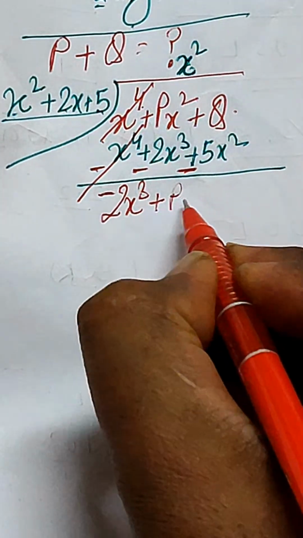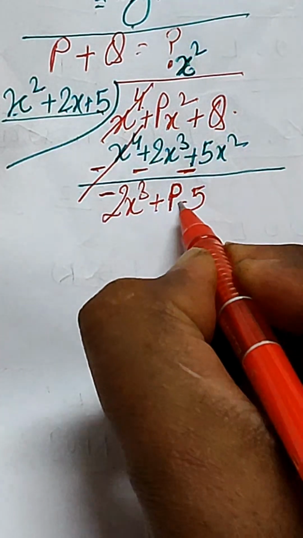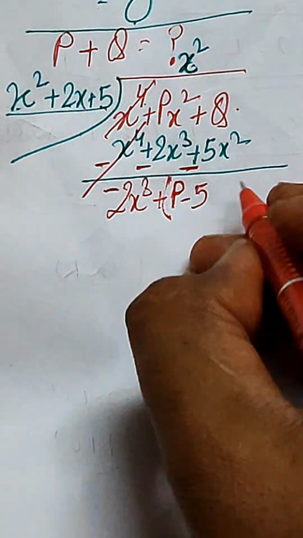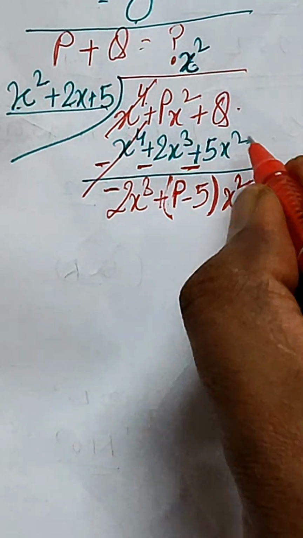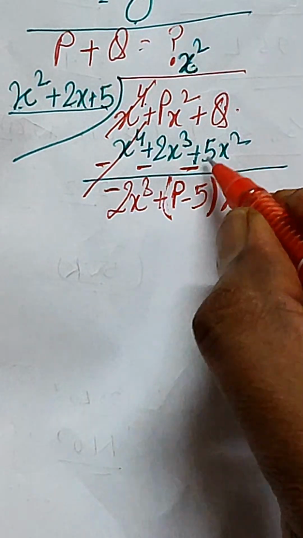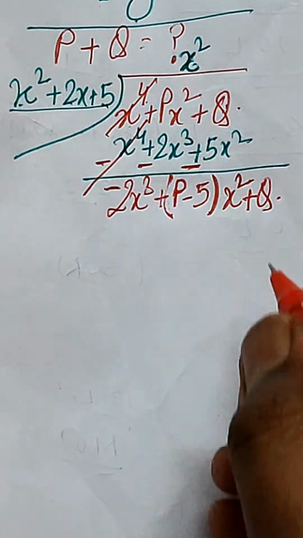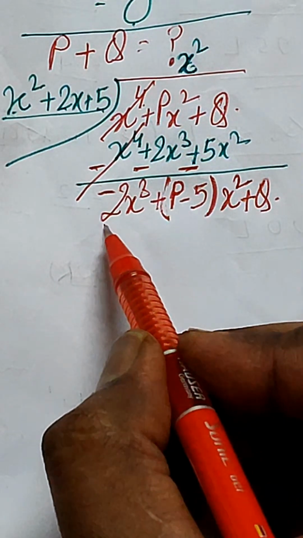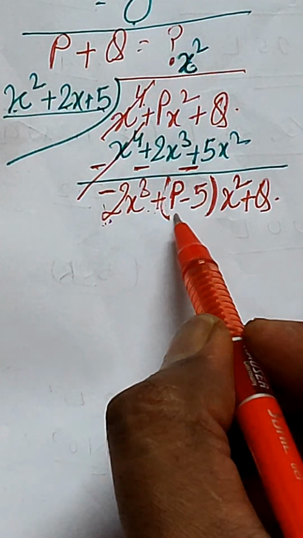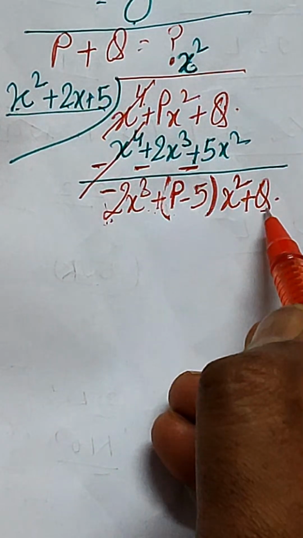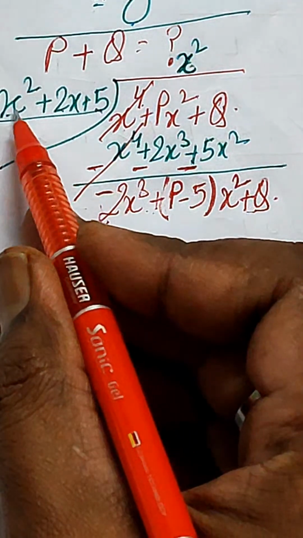Then we can write p minus 5 times x square, plus q. Now this is the remainder: minus 2x cube plus p minus 5 times x square plus q. But this is again divisible.